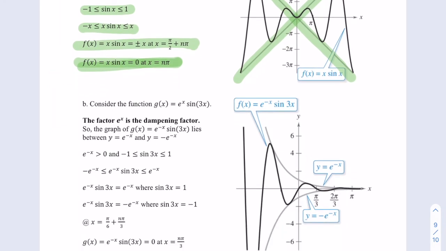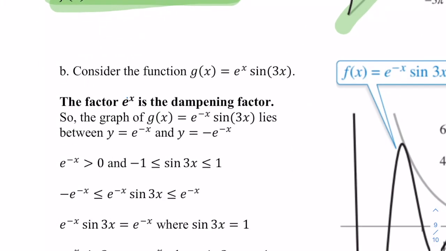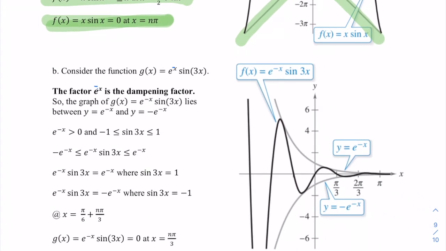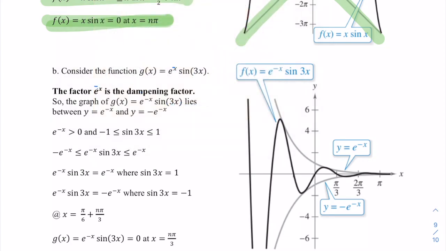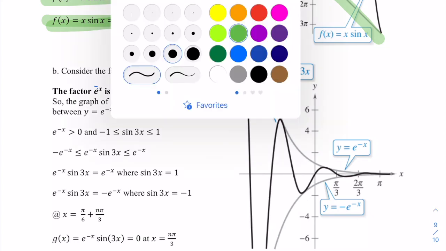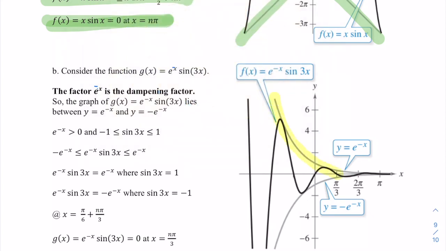Now looking at this one, it has a dampening factor of e to the negative x. That should be negative. And so for here we have e to the negative x, if we multiply that by sine of x, well, we know that this is going to have to stay between, let me use a different color, e to the negative x and negative e to the negative x.